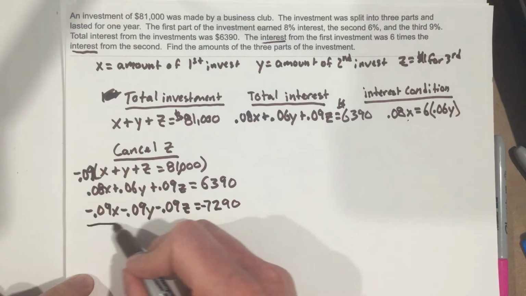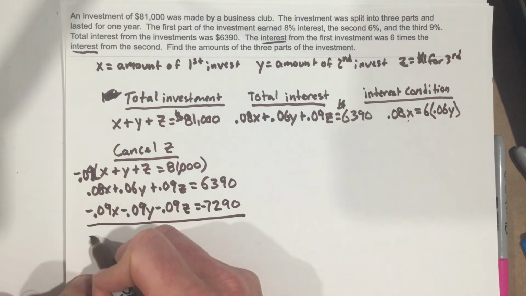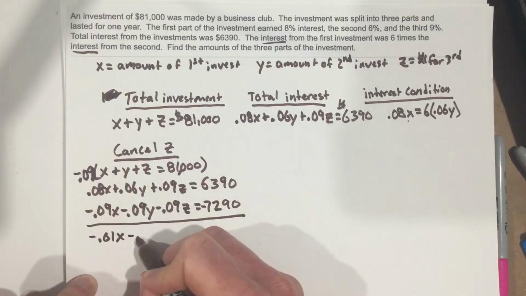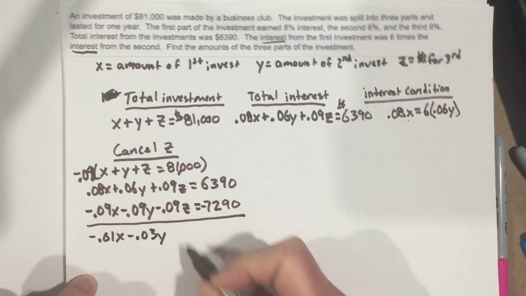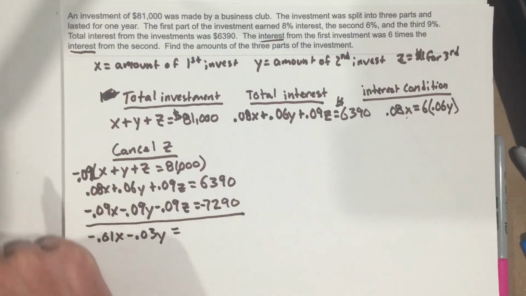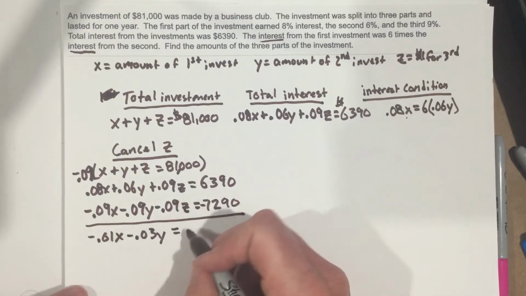Now I'm going to combine these together. When I combine this together, I get negative 0.01x, negative 0.03y, this cancels, and I'm left with 6390 minus 7290, which is negative 900.